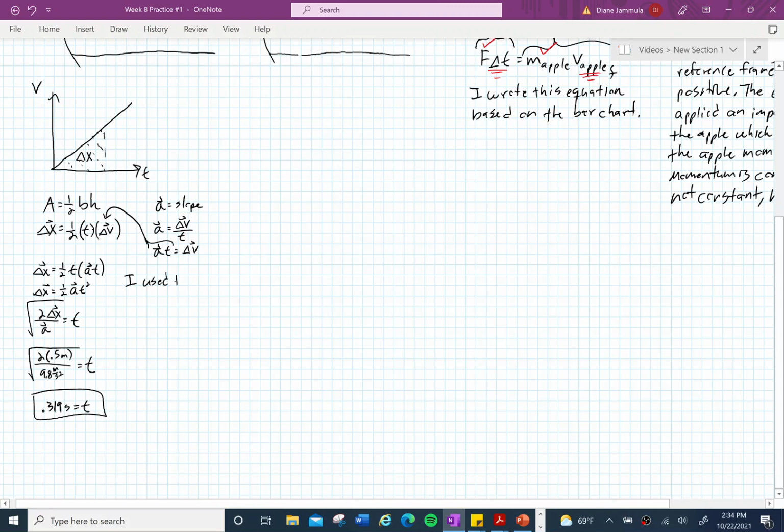I used the velocity versus time graph to create equations to calculate how long it took the apple to fall 0.5 meters.